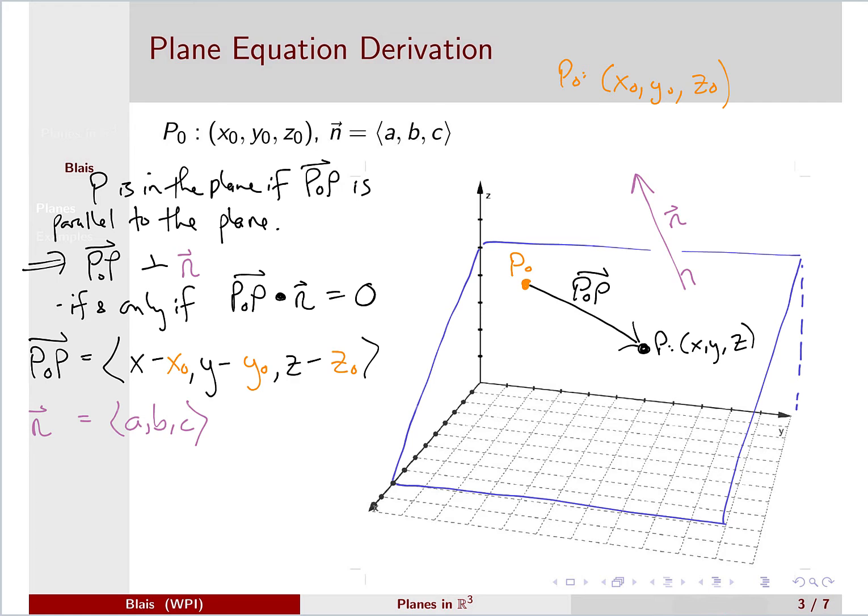So x minus x naught, y minus y naught, z minus z naught, dot that n vector, a, b, c, must equal 0. And remember how we do a dot product. We multiply the x-coordinate values, and then to that we add the product of the y-coordinate values, and then to that we add the product of the z-coordinate values.